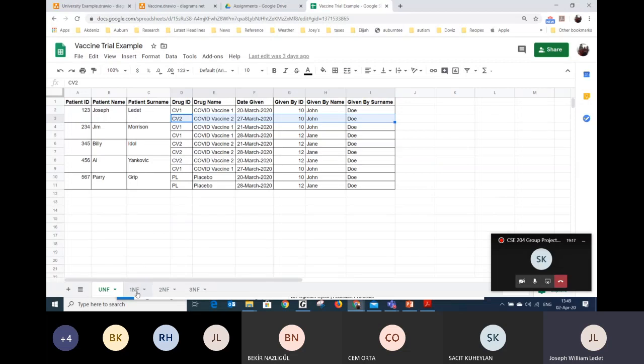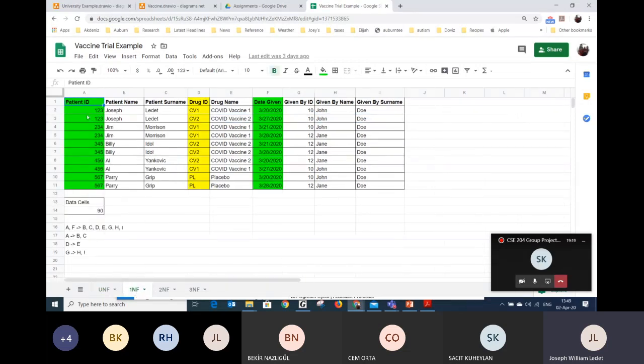That's what we've done in this first normal form. And if you notice, there are no repeating rows. We can't find any row where all 9 columns have the same information as any other row. So now we have this table in first normal form.